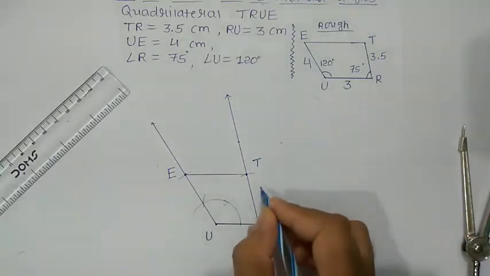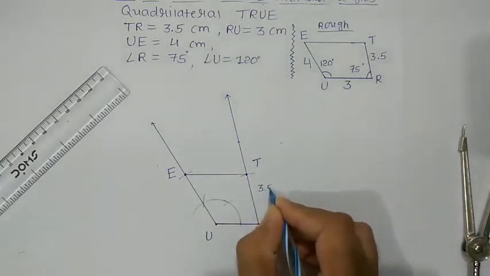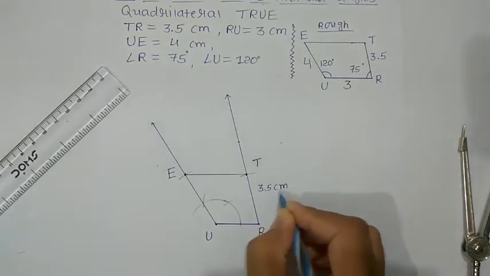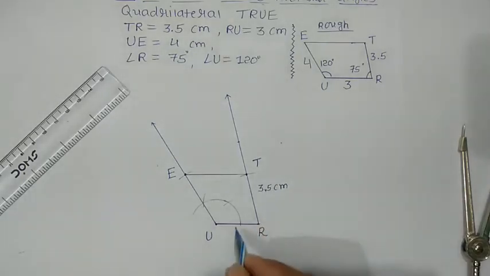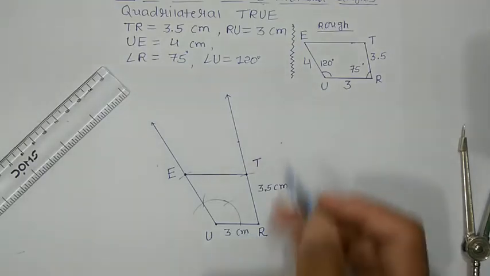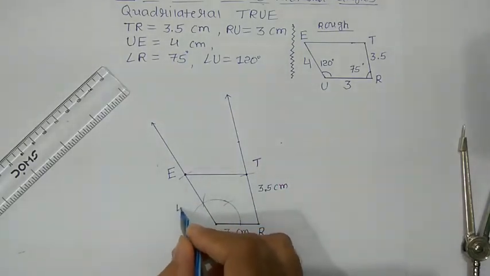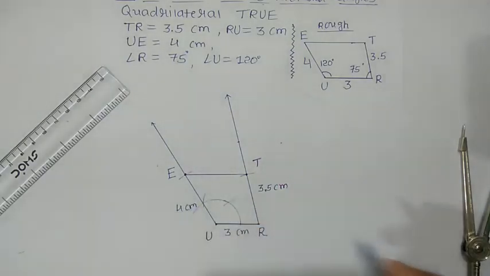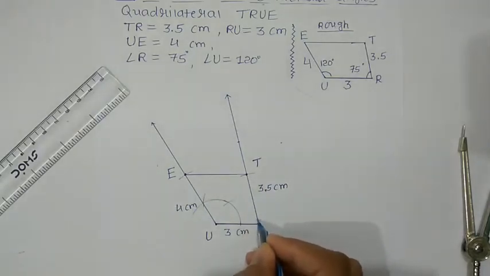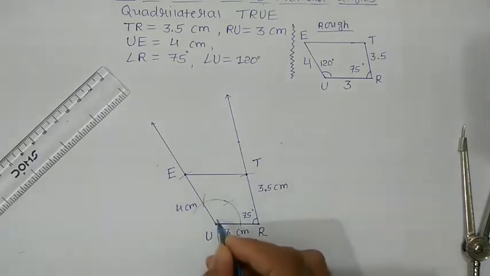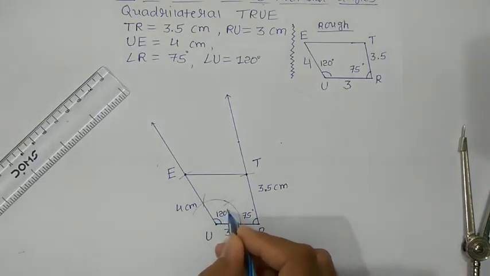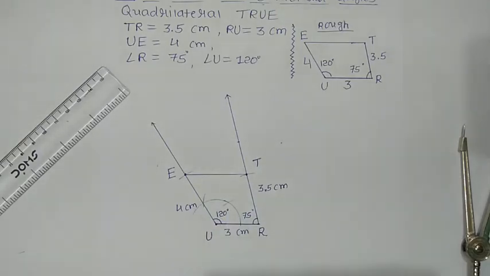Now we can write down all the measurements. This TR side is 3.5 centimeter. This UR is 3 centimeter. This EU side is 4 centimeter. This angle is 75 degree and this angle is 120 degree, right?